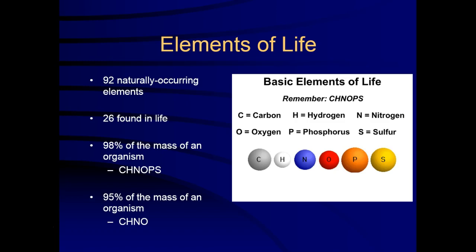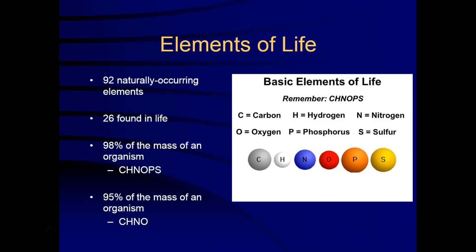They are such unstable elements that they usually only last a fraction of a second. They probably did exist a few times, but are so unstable that they break down. But if we look at the ones that we can find on Earth today, 92 naturally occurring ones.